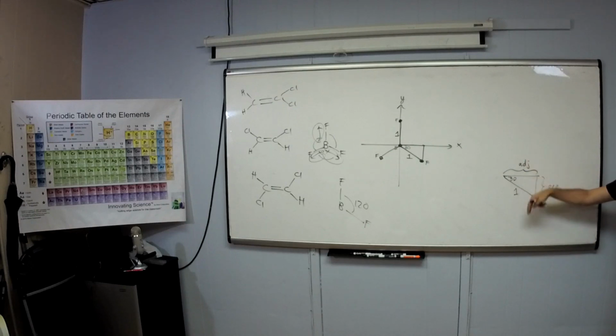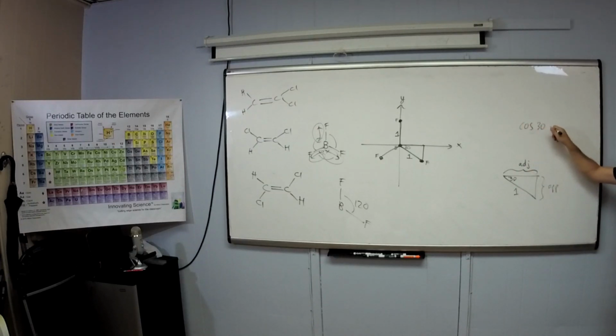Angle, adjacent, hypotenuse. Cosine of 30 degrees is equal to adjacent over hypotenuse. And if I'm looking for adjacent, I could just move the hypotenuse over there. So hypotenuse times the cosine of 30, that's my adjacent distance. That's the leg. Do you see this?